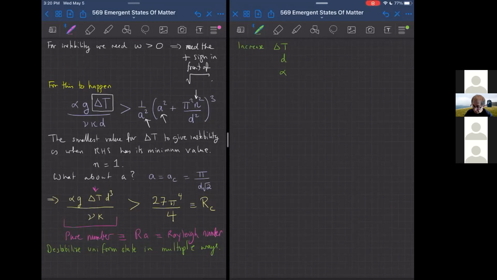The other thing that I can do is I can decrease nu, or I can decrease kappa. So doing any of these things will increase the left-hand side and eventually cause the uniform state to become destabilized.